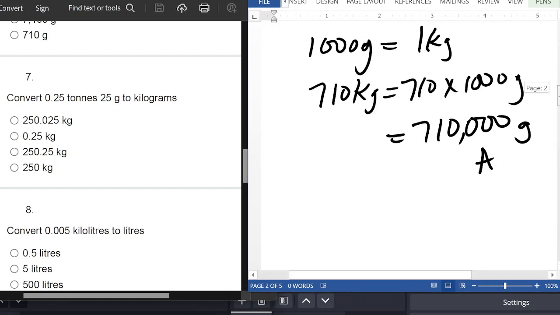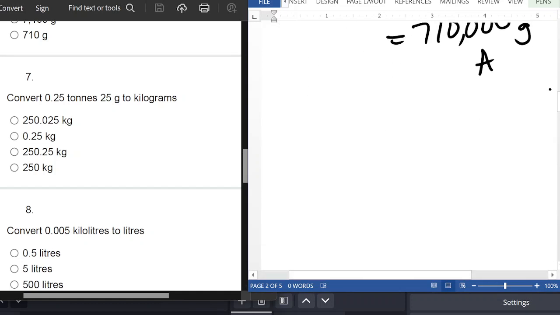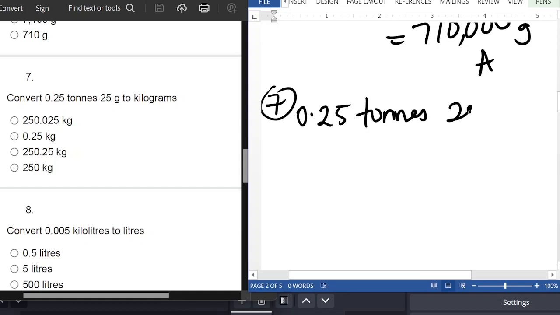So we are asked to convert, for question number 7, 0.25 tons and 25 grams to kilograms.